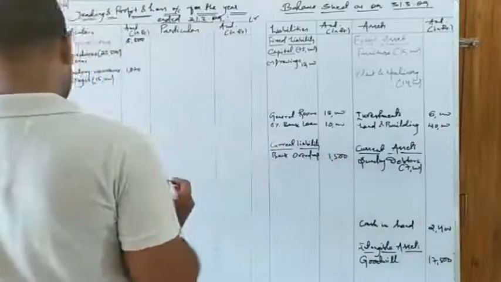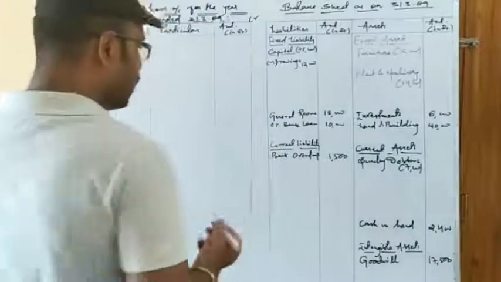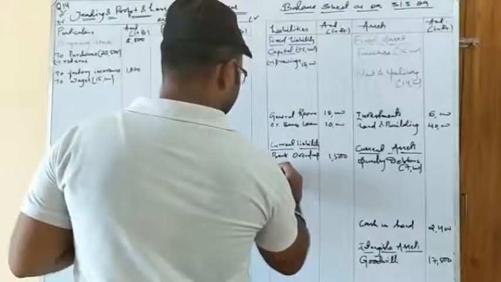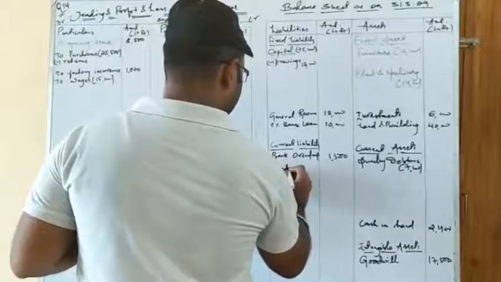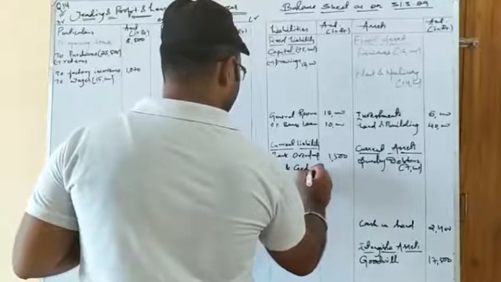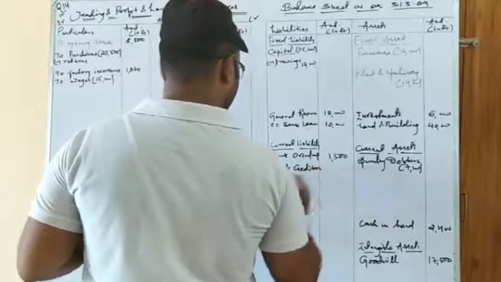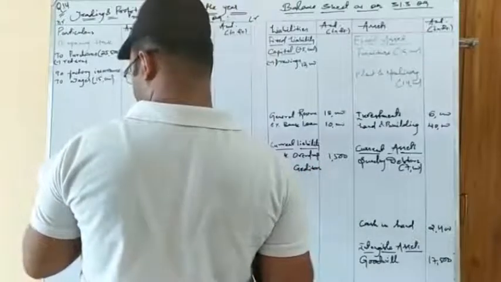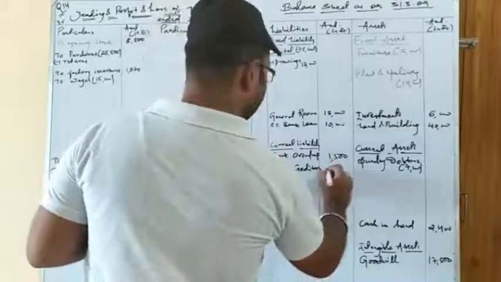Next given is trade creditors, and you know creditors are also current liabilities. It is given here as trade creditors; you can write just creditors also, no issue for that. So creditors given is 4,500.